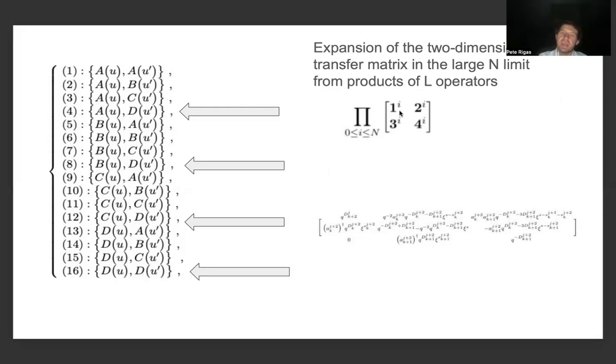We indicate I in each one of the entries because we multiply however many L operators together and take big N to infinity, so that eventually this product used to approximate the transfer matrix has infinitely many terms and converges to the weak infinite volume limit of the 3-dimensional transfer matrix.